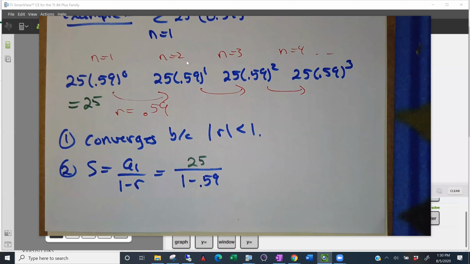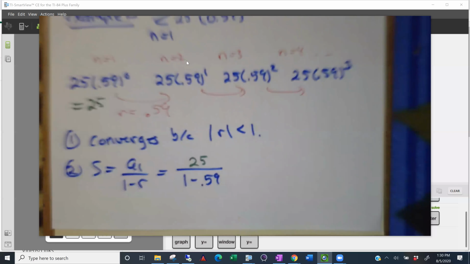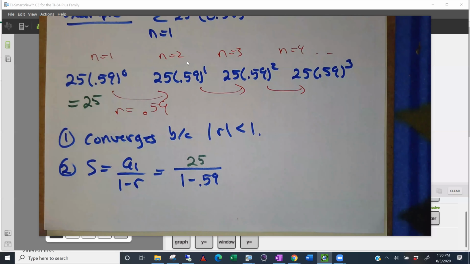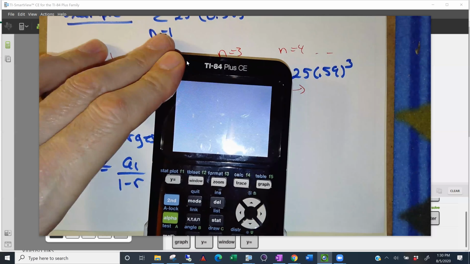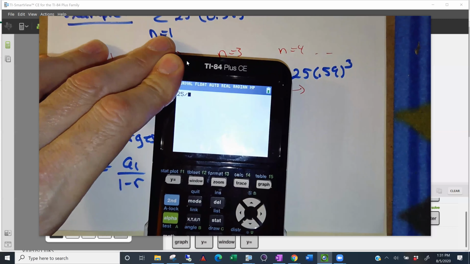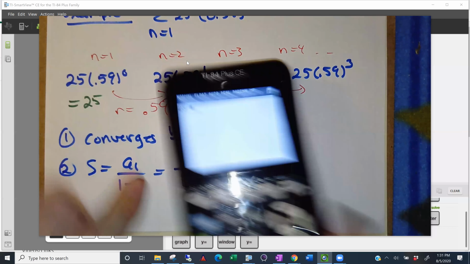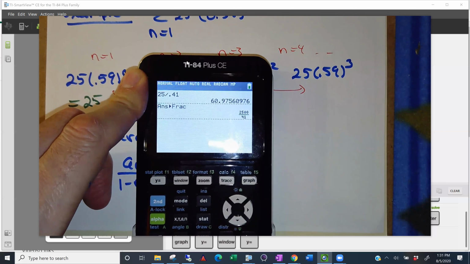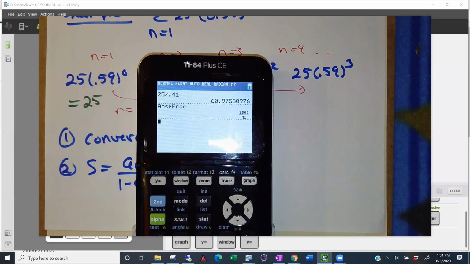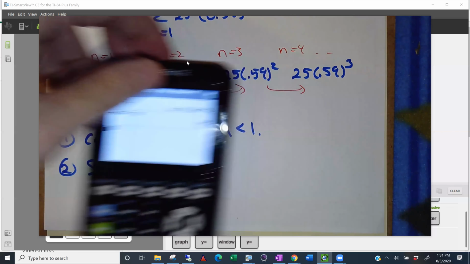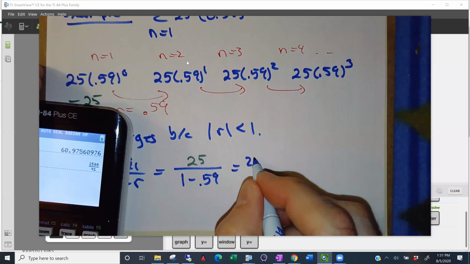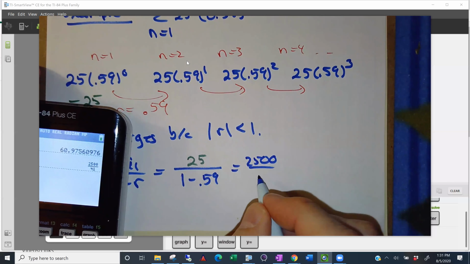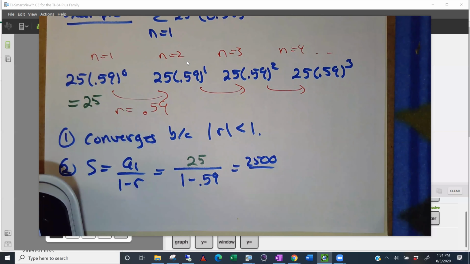And we could do this in our heads, that's fine, but yeah, what's the point? Let's use a little technology on this one. We'll take 25 divided by, that'd be 0.41. And then I'll hit the math key, press answer to fraction, and I get a nice little fraction out of this. So 2,500 divided by 41.